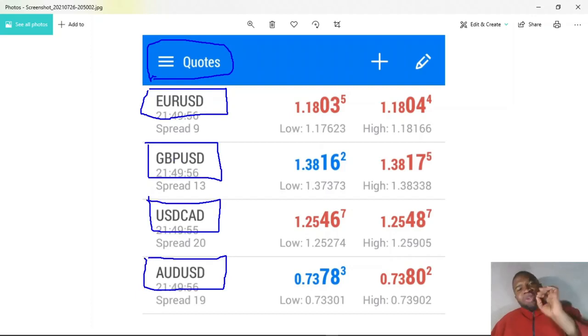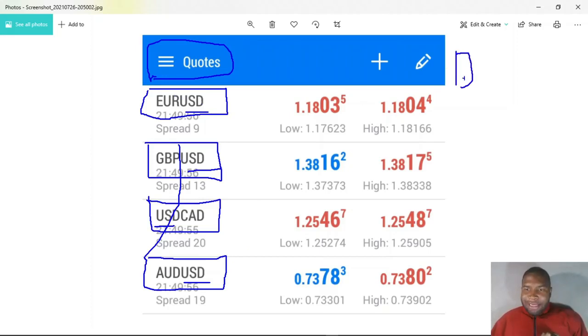One thing that I also want you to appreciate is that whenever in a quote you find that a currency is being quoted against the US dollar, that is known as a direct quote. So you find EUR/USD, GBP/USD, USD/CAD, AUD/USD. That is what we call a direct quote, because there is the involvement of the US dollar.